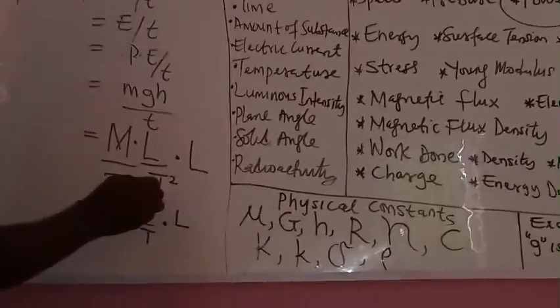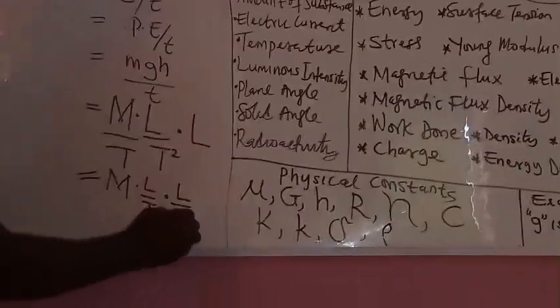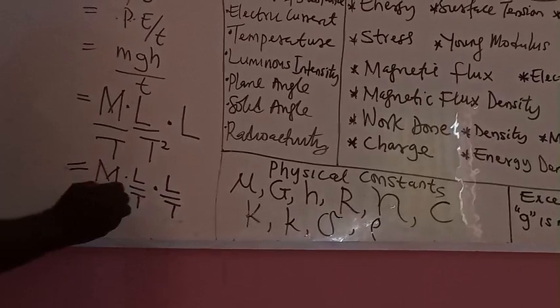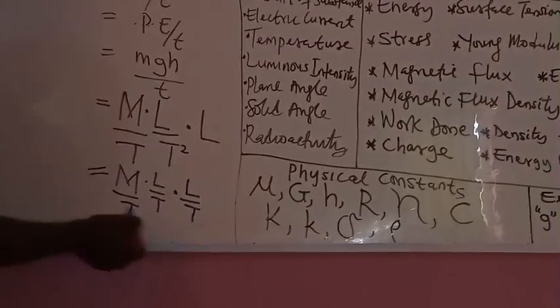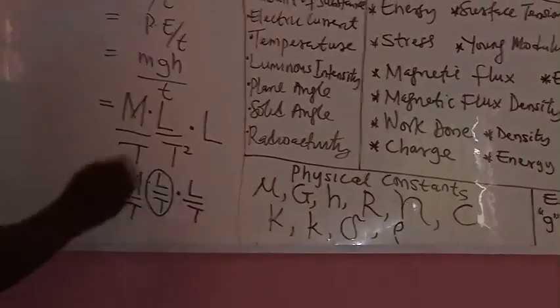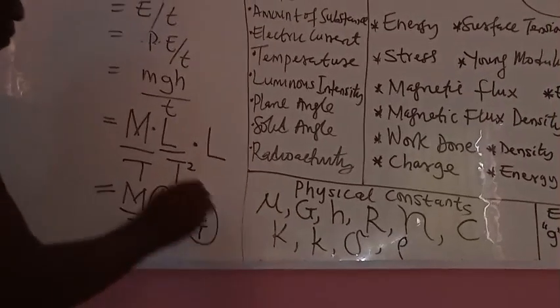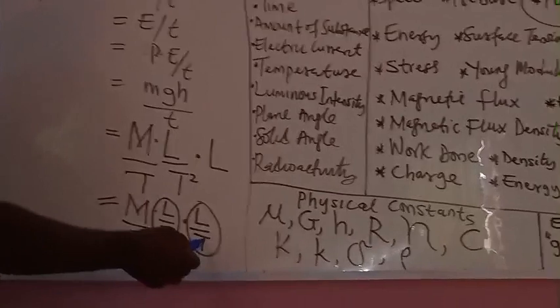I want to pick one of these t. You have t cubed here, I'll pick one here. Then the one that is remaining, I bring under this L, so we have L squared over t squared. You see that? Now, this is velocity. That's the dimension for velocity, L over t.